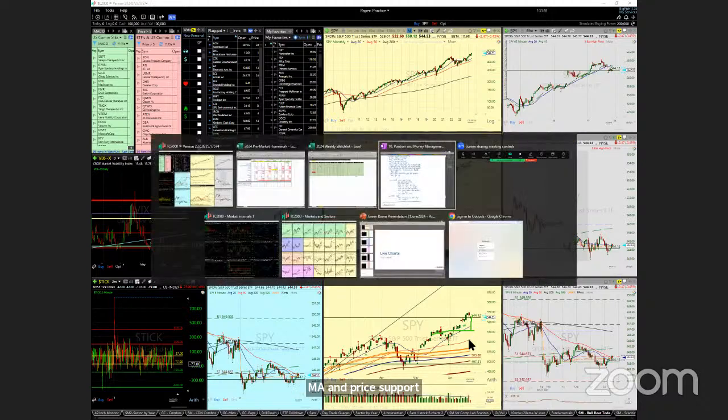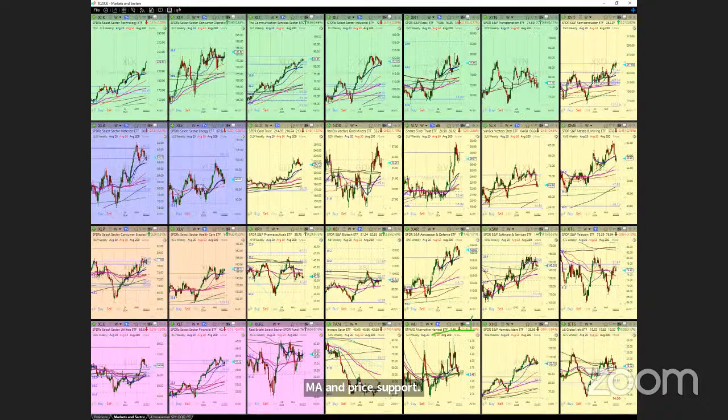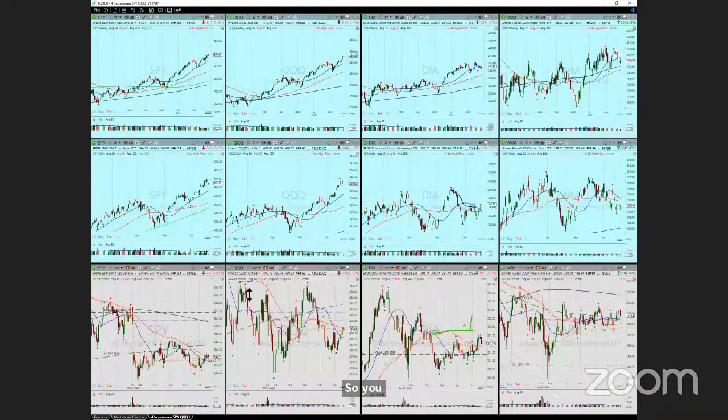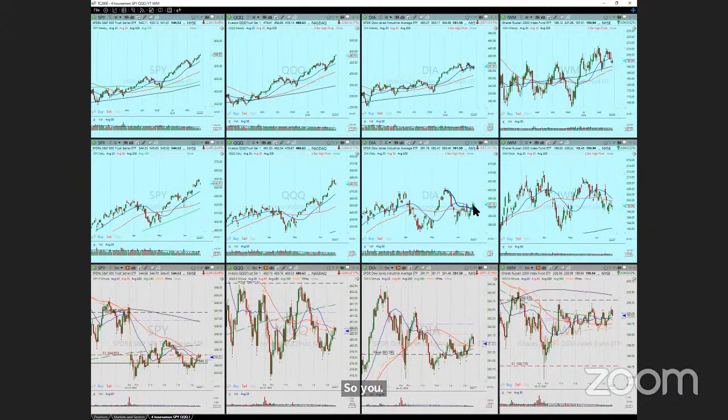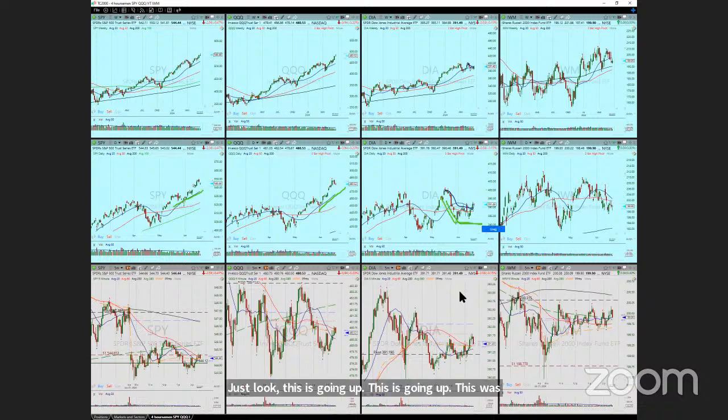Yeah, and I think that's why Alex is big on diamonds daily. This is a good point, meaning that this has been an underperformer, right? Just look, this is going up, this is going up, this was going down and flat. Other things are just going down, sideways, sideways, same things over there, right?